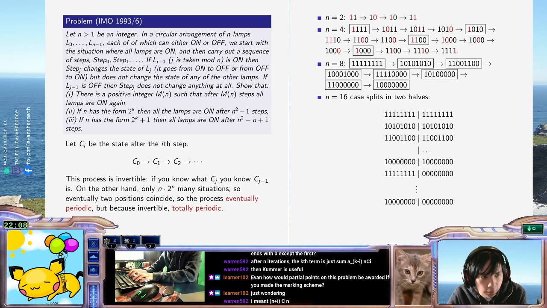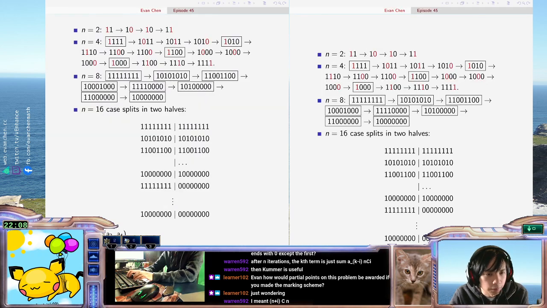Okay, so that was n equals 2 stuff. Now let's go to n equals 3 and so on.